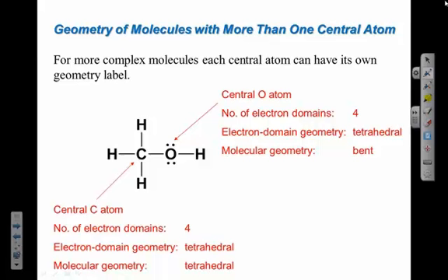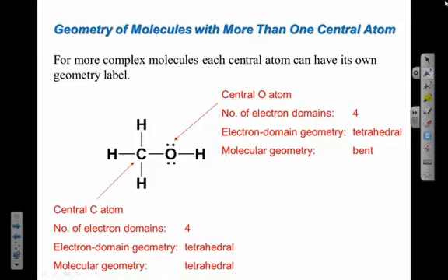So for this molecule, there is no label for the overall geometry of the entire molecule. I'm not asking you to label the geometry of an entire molecule. I'm asking you to label the geometry of an individual atom. So we have to do those independently. The overall shape is too complex. I just want to look at each atom.